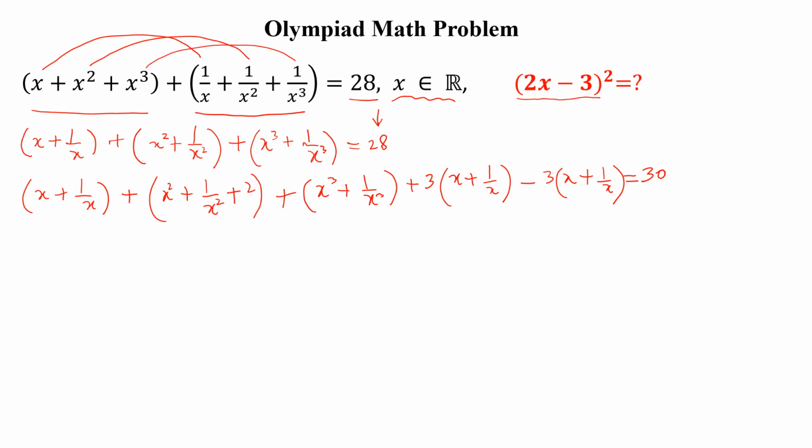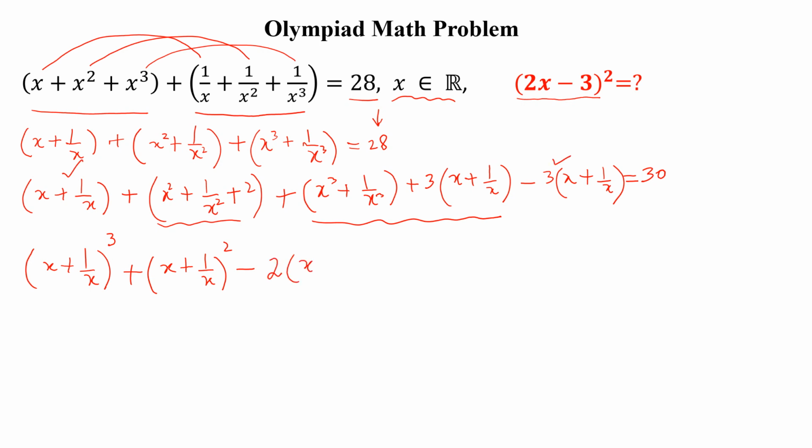Now this is equal to x plus 1 over x whole cube. This is equal to x plus 1 over x whole square, and this and this. This is equal to minus 2 into x plus 1 over x and equal to 30.